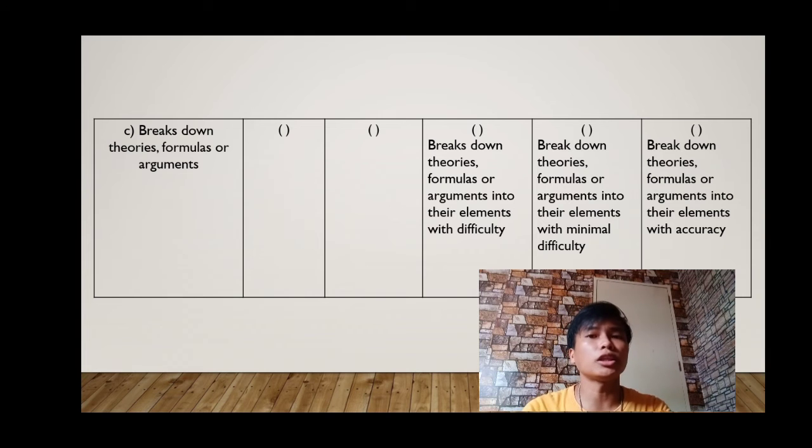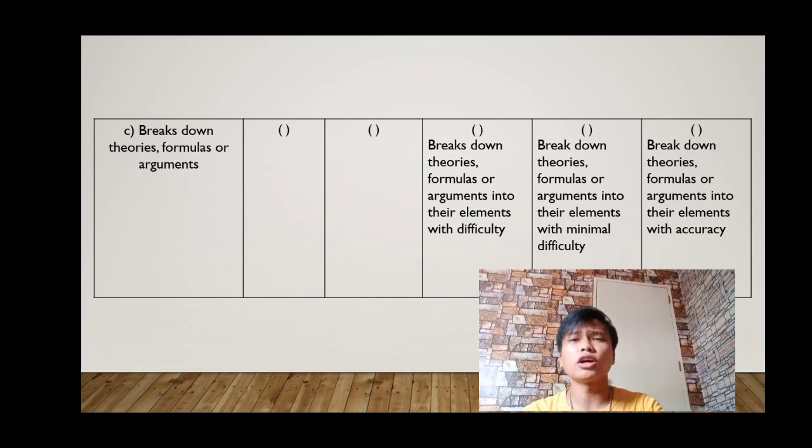And the next category, which is the competent category, the students can break down theories, formulas, or arguments into their elements with accuracy. So in this category, the students can break down each of the theories, formulas, or arguments with accuracy.